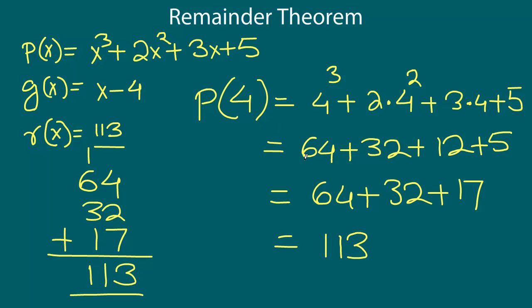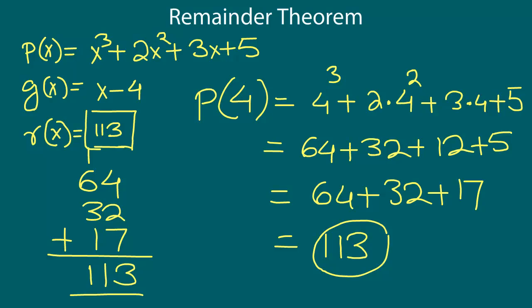So the remainder theorem is saying the remainder should be 113. And when we had done the long division, we had indeed seen that the remainder was 113. So it is fascinating how the remainder theorem can so easily tell us the remainder when we divide any polynomial by a linear polynomial.